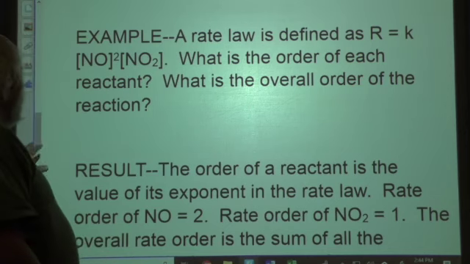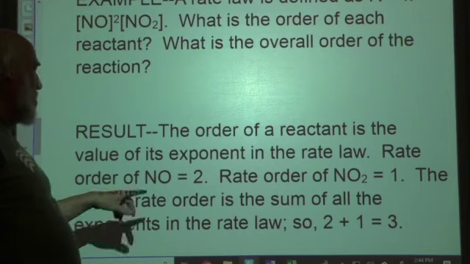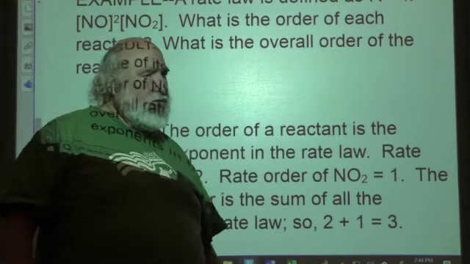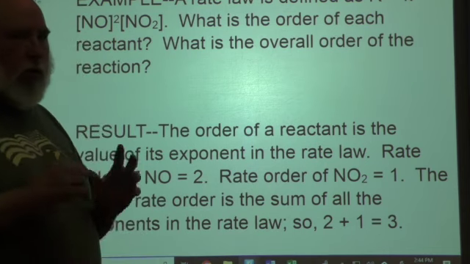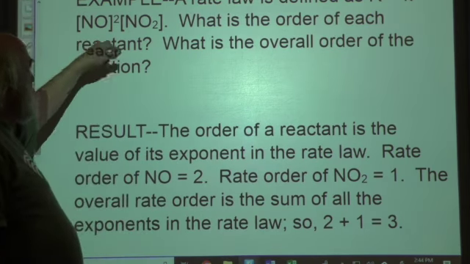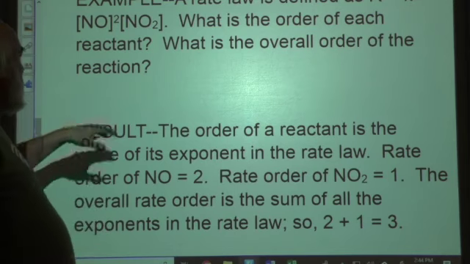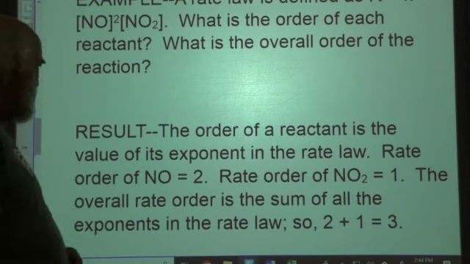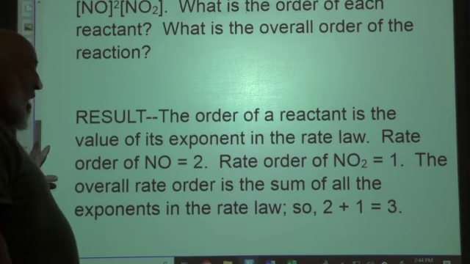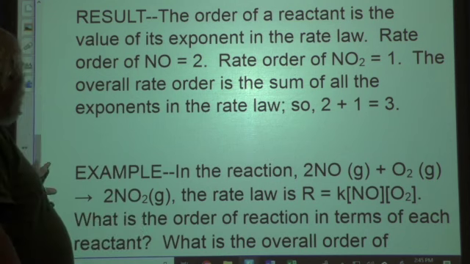Then the overall order of reaction is the sum of those two exponents, 2 plus 1, which would give us 3. So this is a third order reaction in terms of the overall reaction. It's a second order reaction in terms of the reactant NO, and it's a first order reaction in terms of the reactant NO2. It's that simple. It's just a basic observation and addition for the overall.